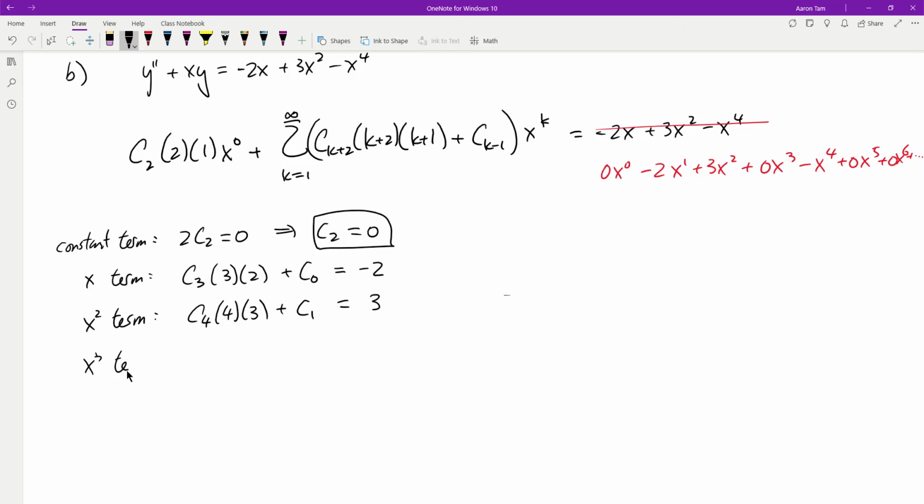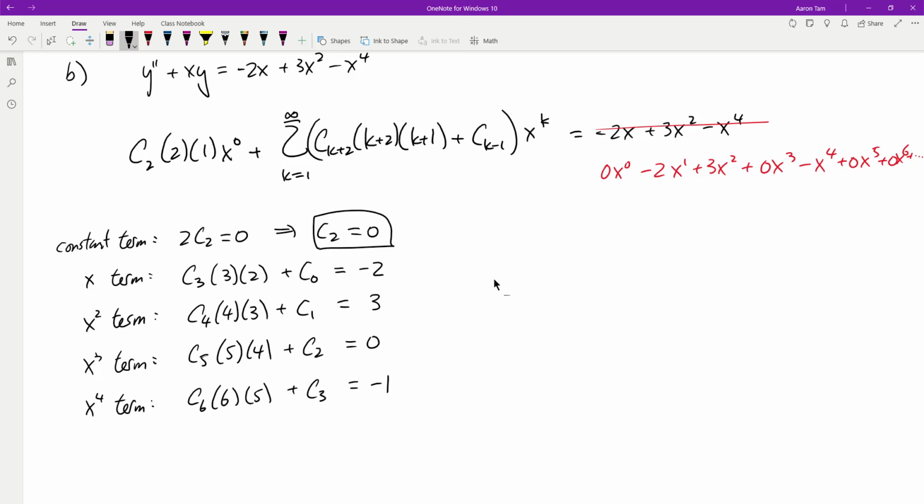The x to the third term is when k equals 3, so it's c sub 5 times 5 times 4 plus c sub 2, which equals 0. The x to the fourth term is when k equals 4, so that would be c sub 6 times 6 times 5 plus c sub 3, and that equals negative 1.